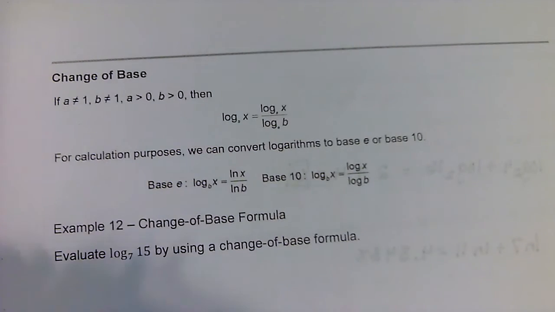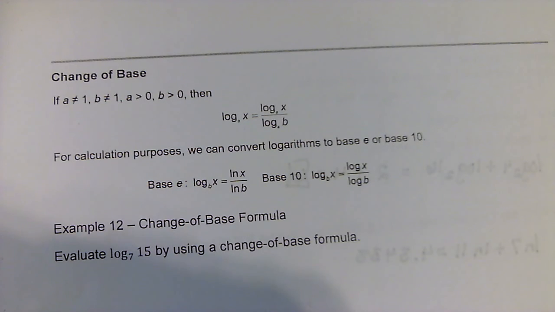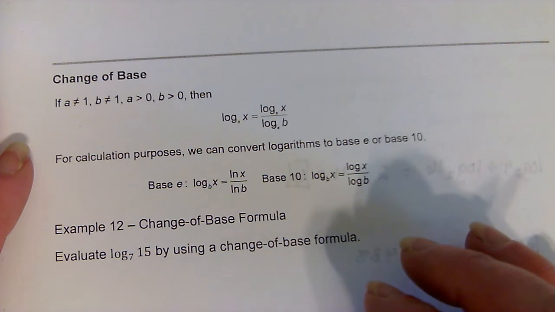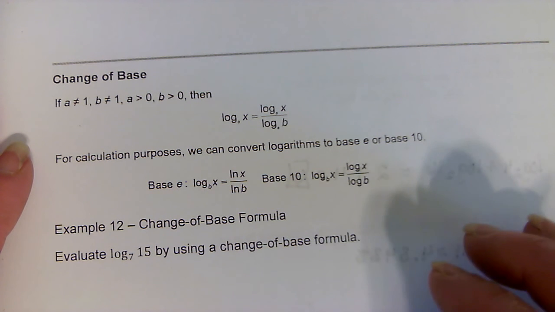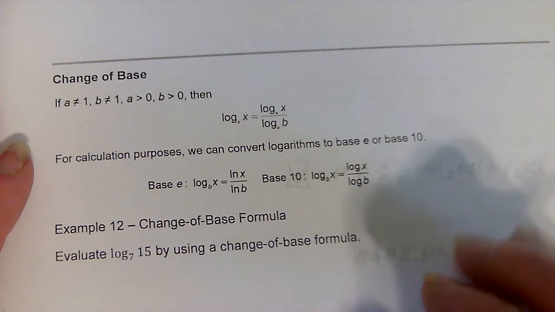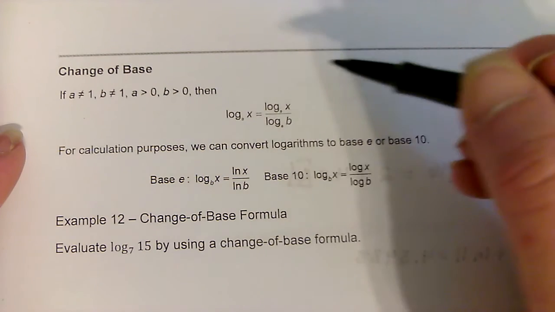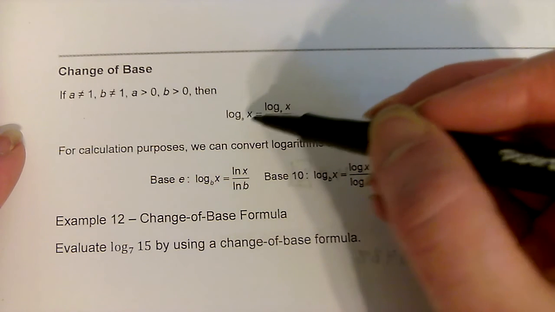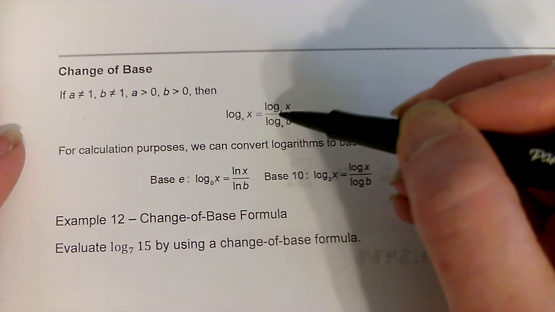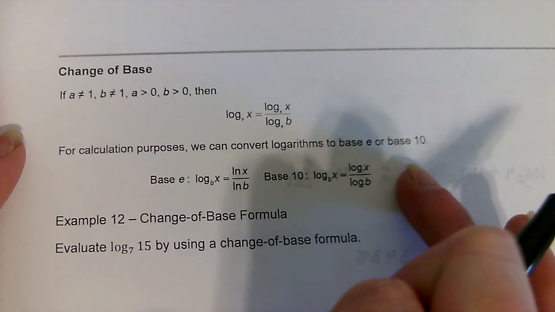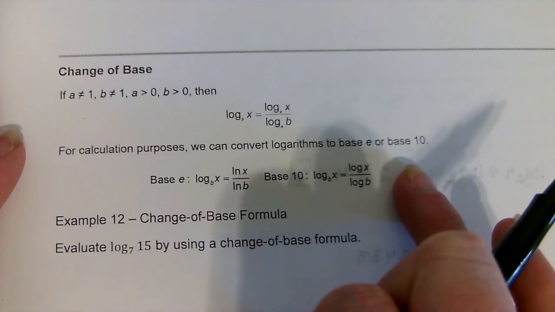Okay, the last neat property will be very helpful if you do not have a TI-84. It's a way to convert logarithms so that you can put them into any calculator. And so the rule says that I can take a log and change it into any logarithm I want. Usually we do it to base e or base 10.